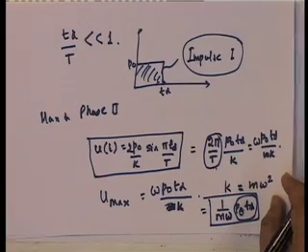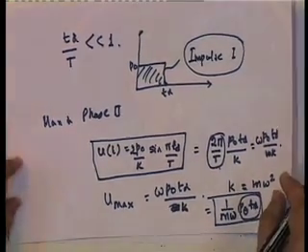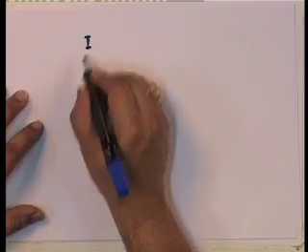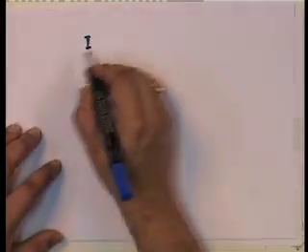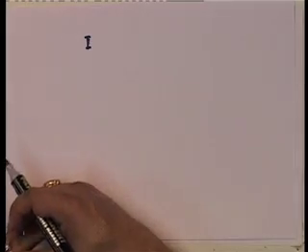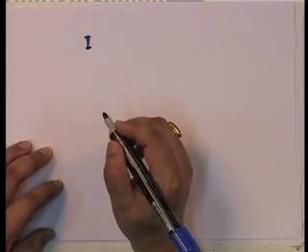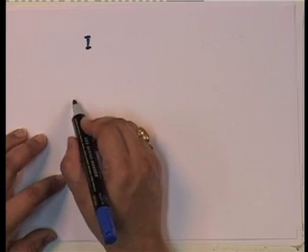Now let us see if we can get that equation from somewhere else. Let us consider that the structure is subjected to an impulse I. Then if you look at the impulse momentum relationship, what does it say?